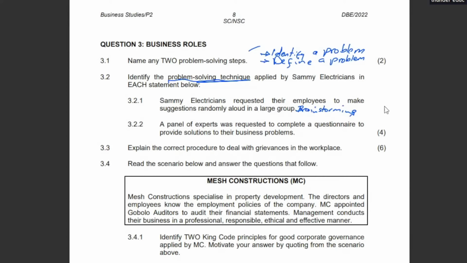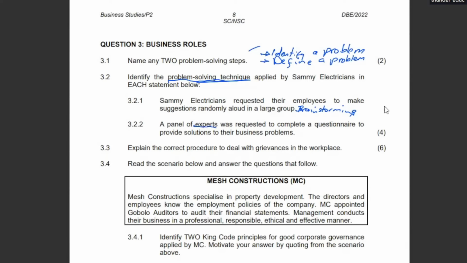Right. So now let's move on to 3.2.2, grade 12s. 3.2.2 reads as follows: A panel of experts. The moment you come across this word, expect, under business studies, especially when you're dealing with different techniques in terms of solving problems, that this calls for Mr. Delphi. So let's finish this: A panel of experts was requested to complete a questionnaire to provide solutions to their business problems.